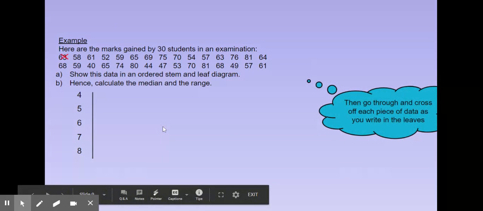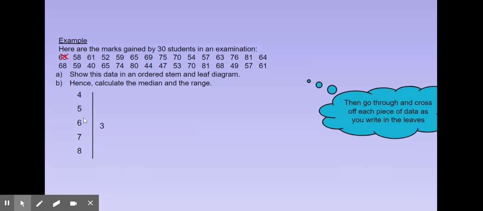Now we're going to go through each and every piece of data, cross them and place them in the relevant places. The first number is 63. We go to stem 6 because the first digit is 6, and 3 becomes your leaf. Similarly, we cross the rest of it and we plot them.